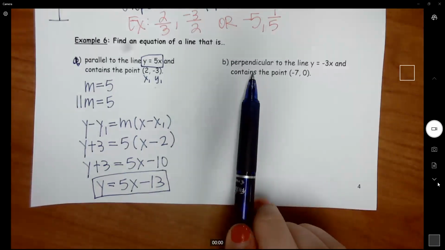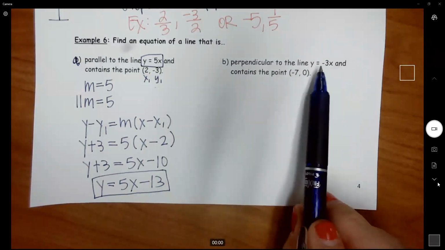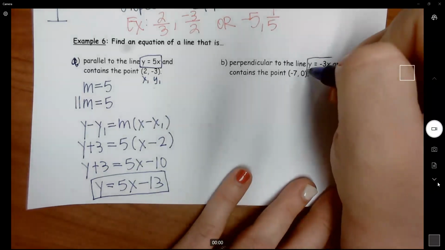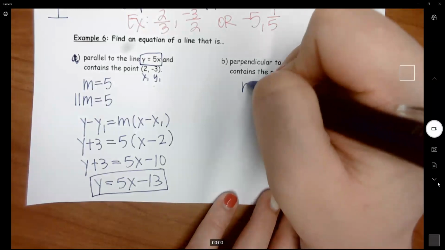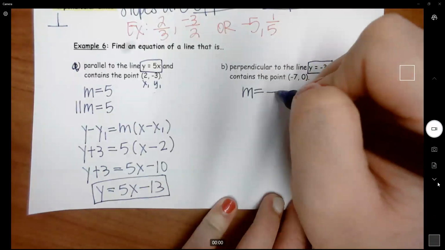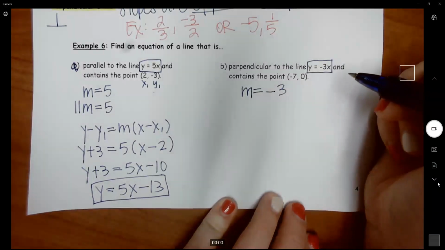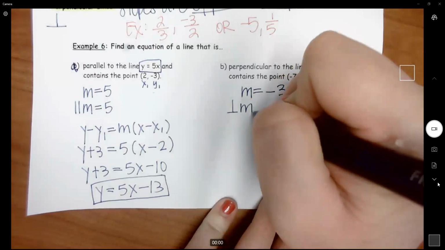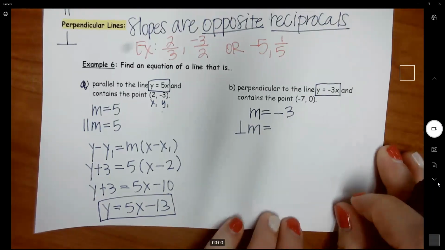B now wants a perpendicular line to the line y equals -3x and contains the point (-7, 0). So from this equation, what is my slope? My slope is -3. So then what is my perpendicular slope?